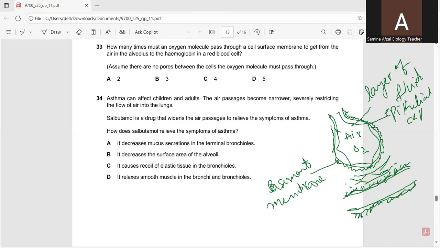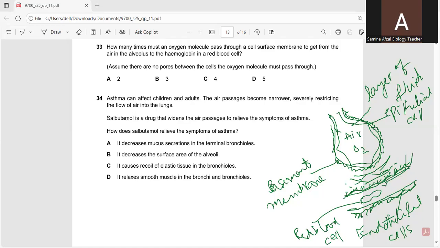Endothelial cells. See, due to less space, I have written on the other side. So inside this, you can see a red blood cell, and this space is plasma.